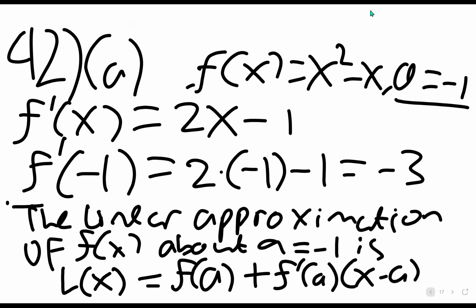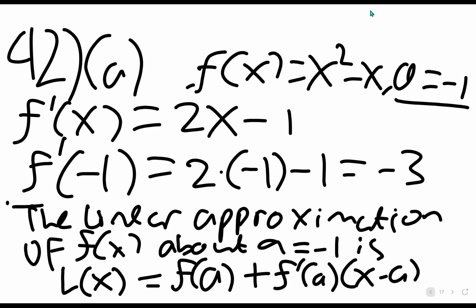It is exactly the same as the equation of the tangent line at the point (a, f of a), because the equation of the tangent line at that point is y equals f of a plus f prime of a multiplied by x minus a. The linear approximation is just the formula of the tangent line, y as a function of x.